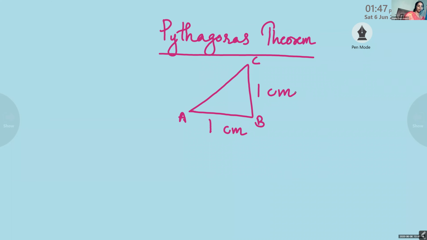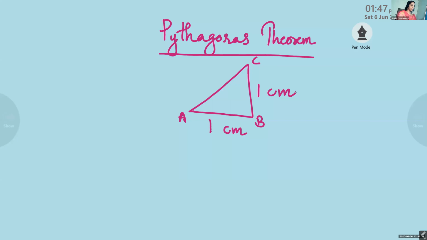Is it all plus? No. No problem. John, you tell. I will wait. John, try. I will wait. Ma'am, base square plus altitude square is equal to hypotenuse square.